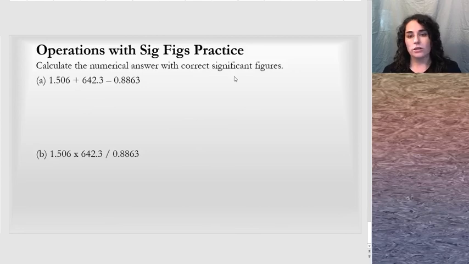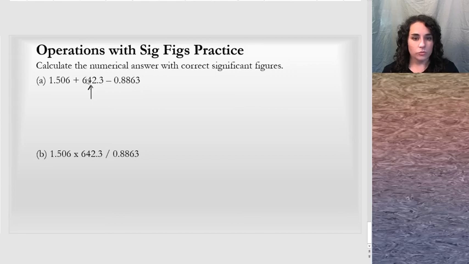Calculate the numerical answer with correct significant figures. You can see the first example is addition and subtraction. The second example is multiplication and division. When I look through here, I'm going to notice that there's 4 decimal places here, 1 decimal place here, and 3 decimal places here. And so I'm going to identify this as being the least accurate measurement for addition and subtraction because it has only 1 decimal place.